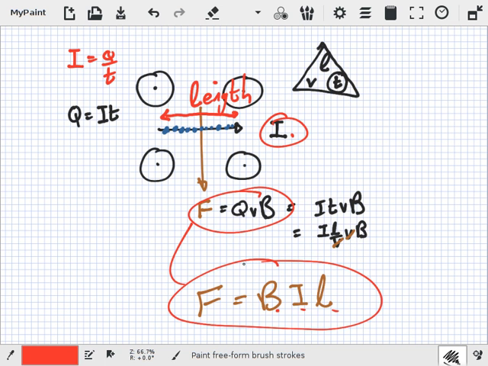Although it's not really that crazy. What is the difference with the formula for QVB? Is it the one with the particle? It's barely a difference.